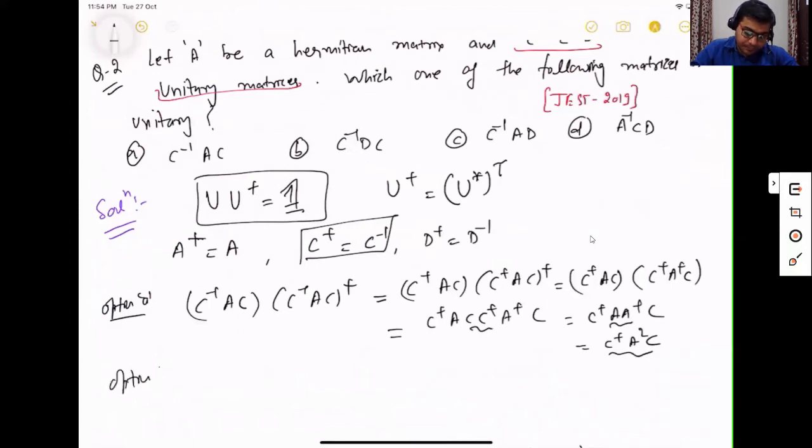So let me check option B, C inverse D C multiplied by its dagger.